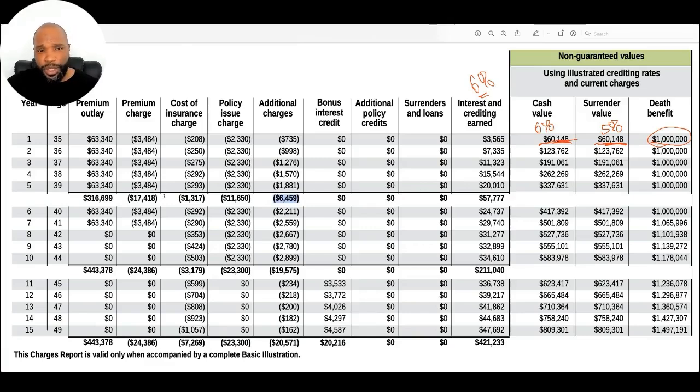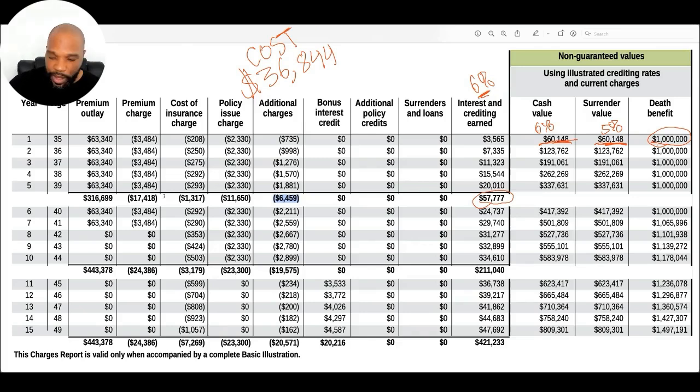So if we total all these numbers up, what do we get? You might want to check my math, but based on my calculations, the total charges through 5 years is $36,844. That was the cost. But assuming we earn 6% interest compounded over that 5 years, we would have been credited a total of $57,777.